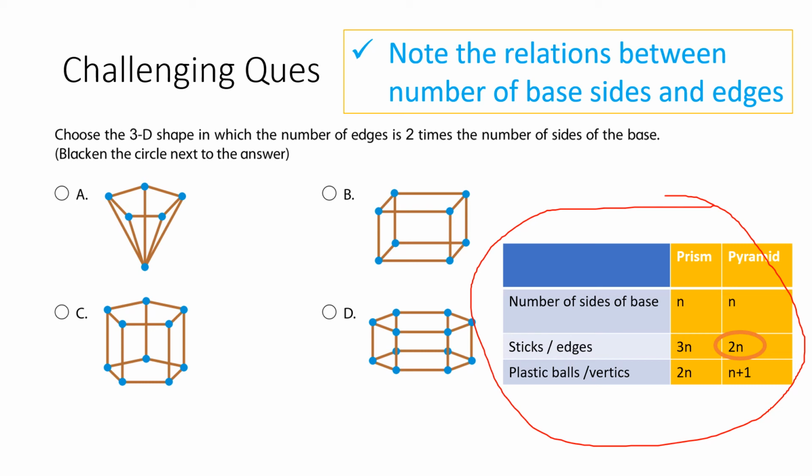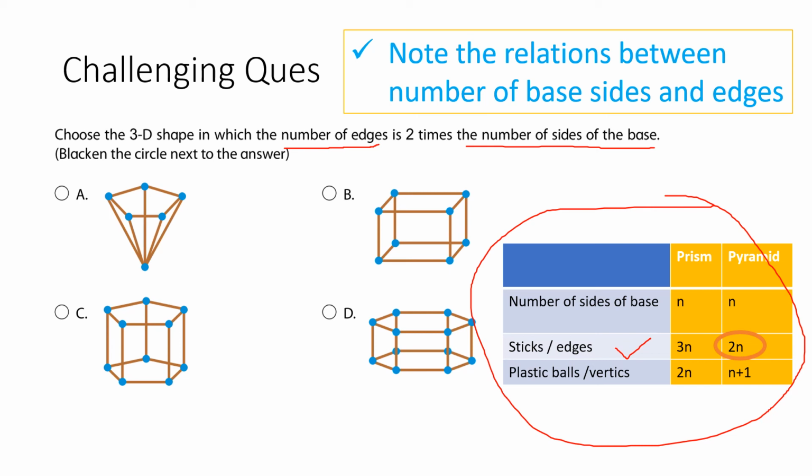So you are comparing the two items, which are the number of edges and the number of sides of the base. So only in a pyramid is the relation 2 times.